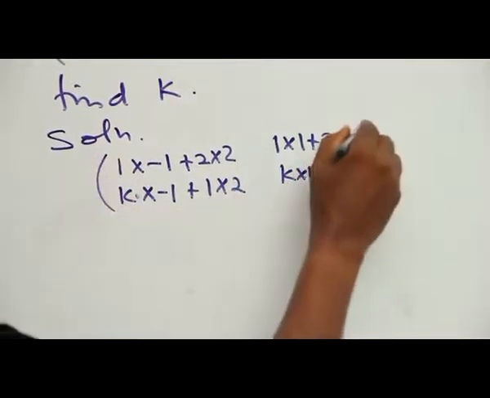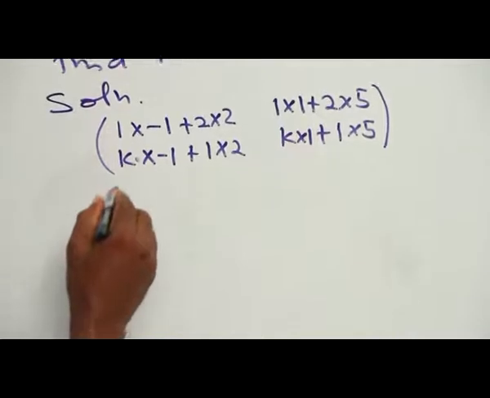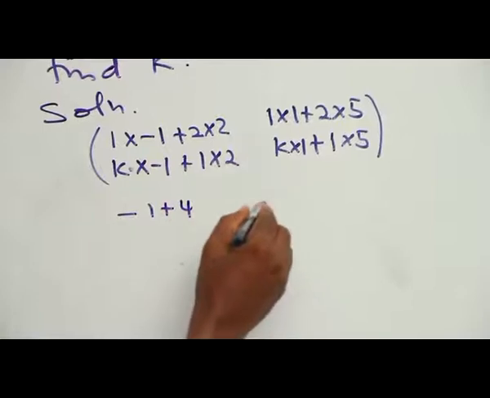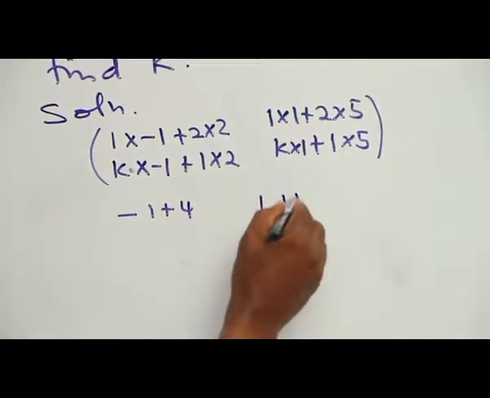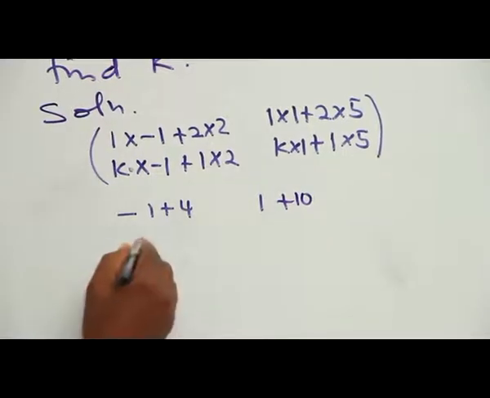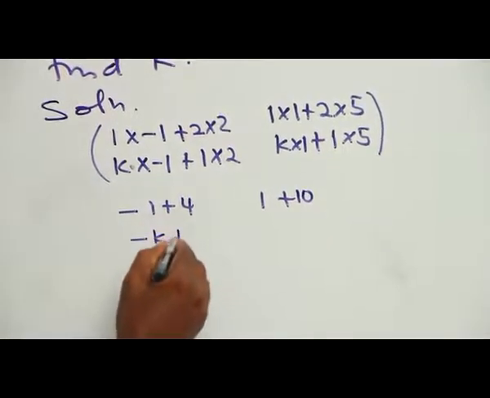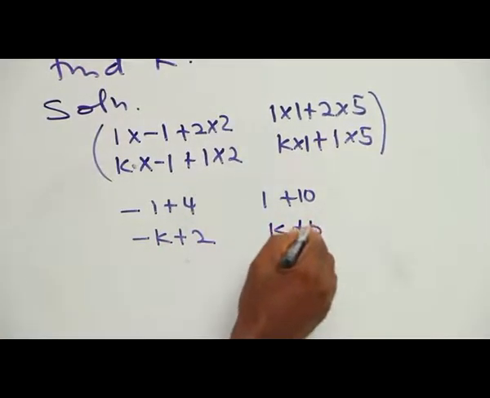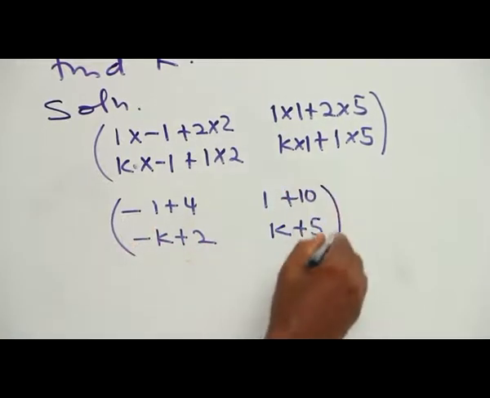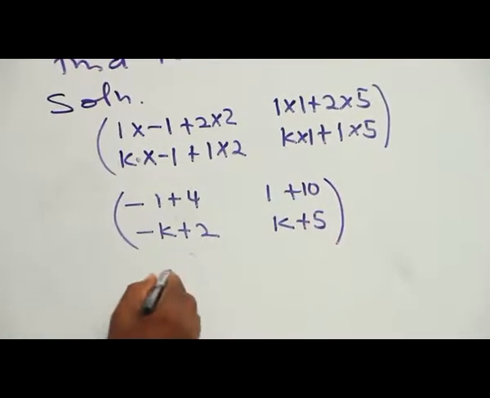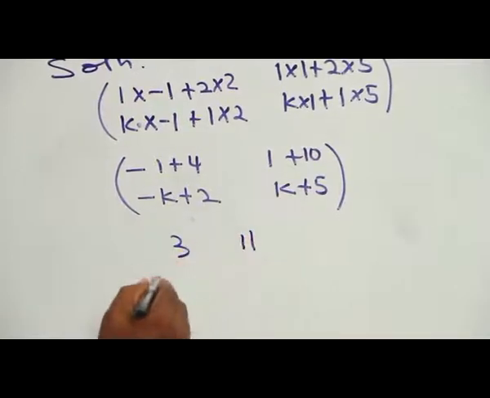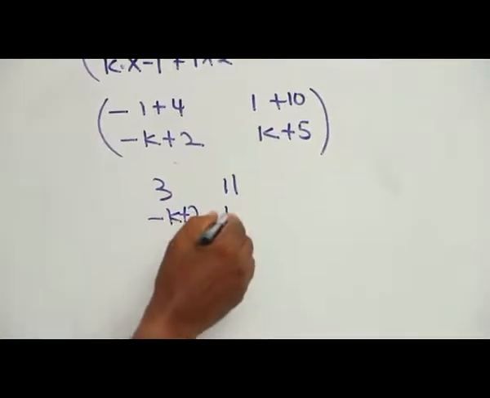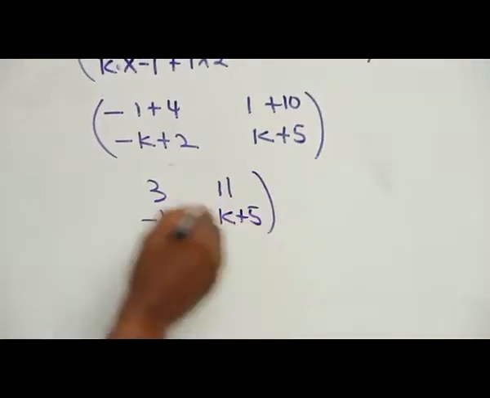Now, this will give you minus 1 plus 4, and here is 1 plus 10. This is minus K plus 2, and that will be K plus 5. This simplifies to 3, 11, minus K plus 2, and then K plus 5.